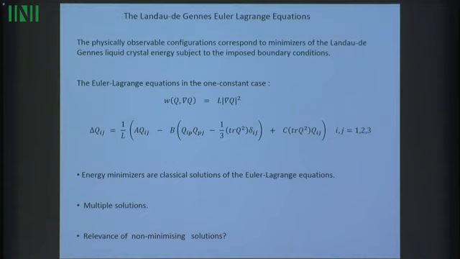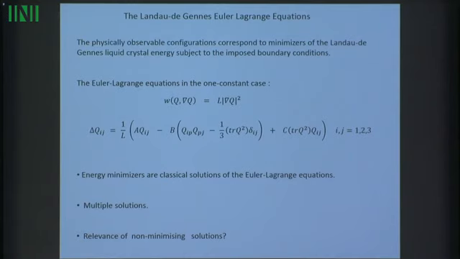In that case, this is from a paper by Majumdar and Zarnescu, but it was done before. It's a regular exercise in the calculus of variations. The modeling hypothesis is that the physically observable configurations correspond to either global or local energy minimizers.